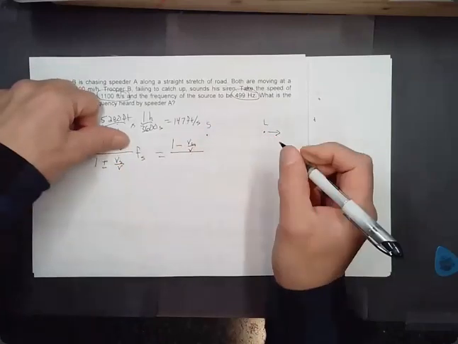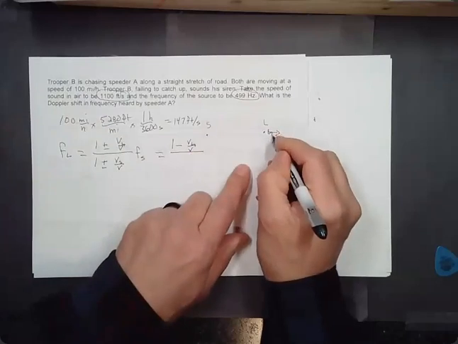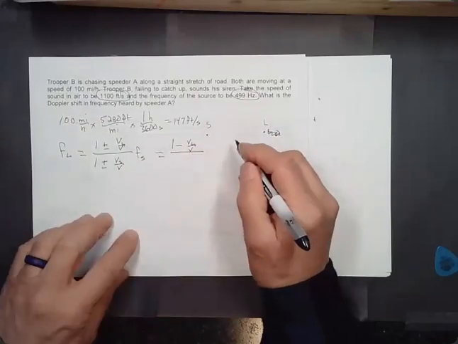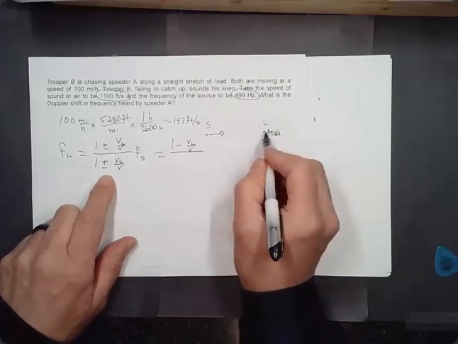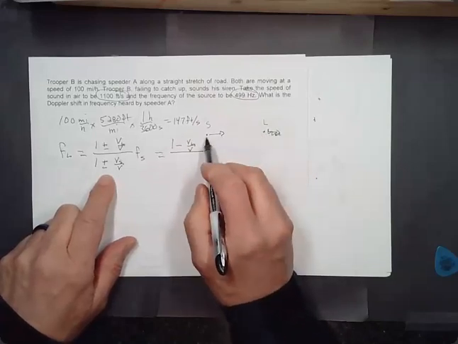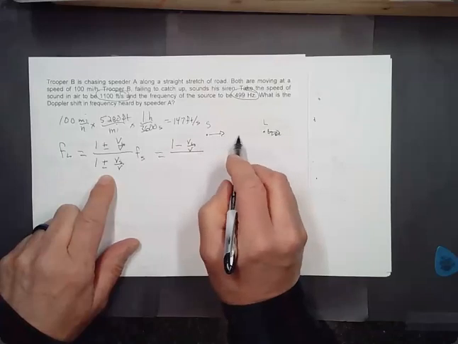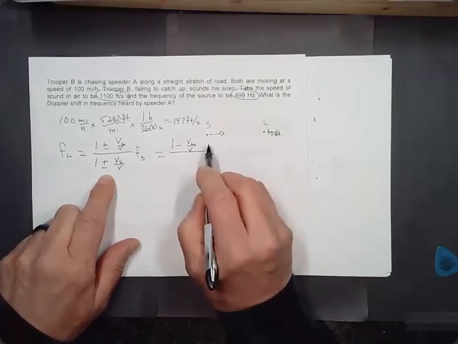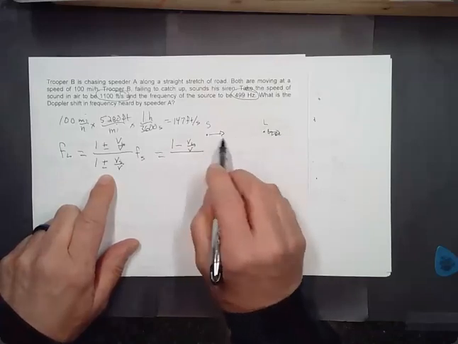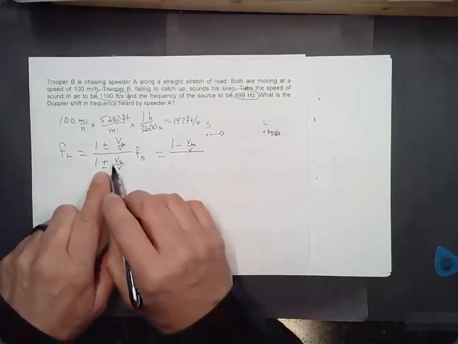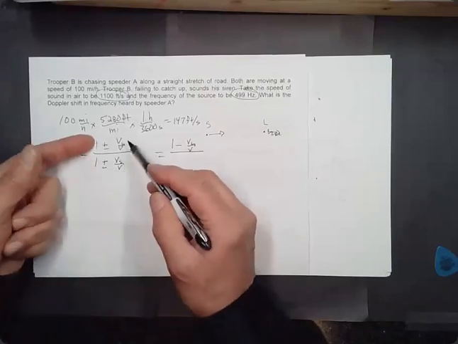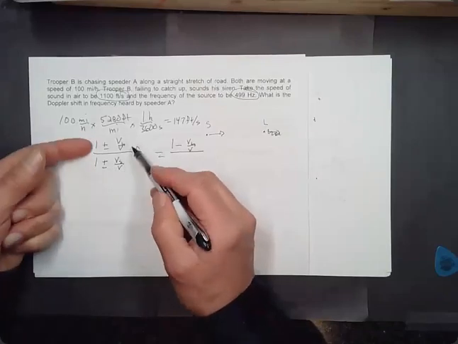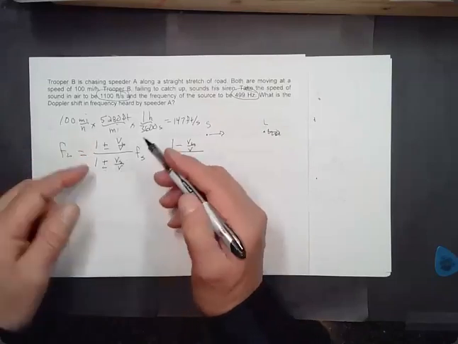Then I think, okay, now let's imagine that the listener is not moving, but the source is. The source is to the listener's left, and the source is moving to the right toward the listener. They'd hear a higher frequency. To get a higher frequency, you'd have to have a minus sign in the bottom of the fraction.